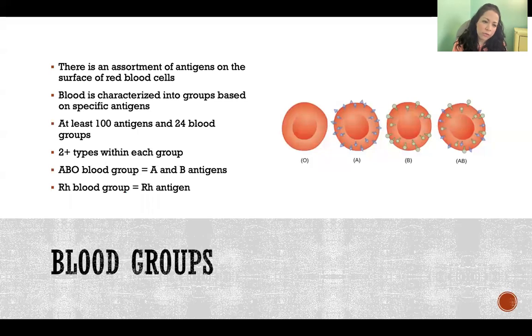So although there are over 100 antigens and at least 24 different blood groups, and then 2 or more types within each group, there are 2 blood groups that are most relevant. So the ABO blood group is based on A and B antigens, and the RH blood group is based on the RH antigen. So those are the 2 that I'm going to focus on here.